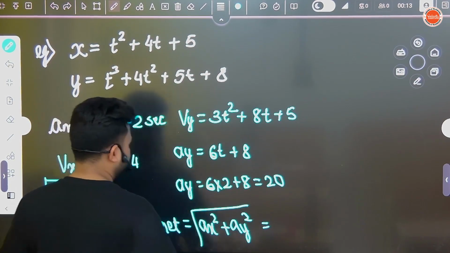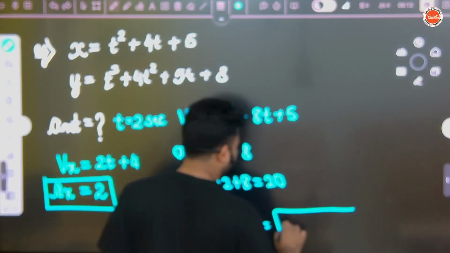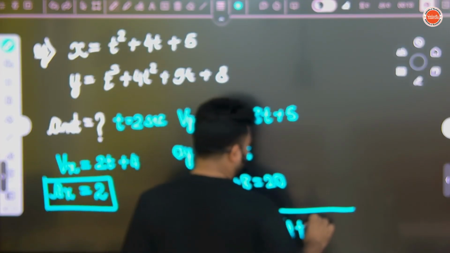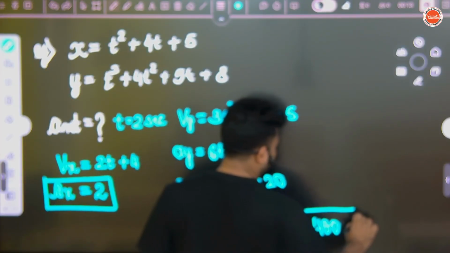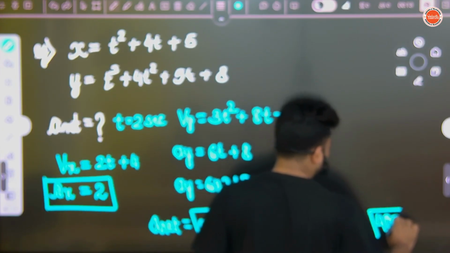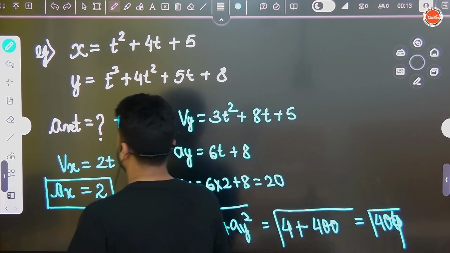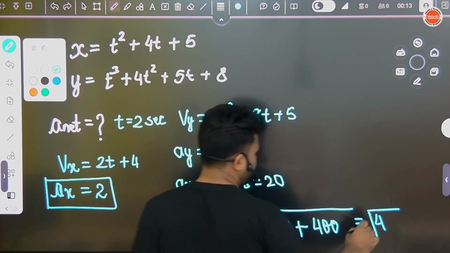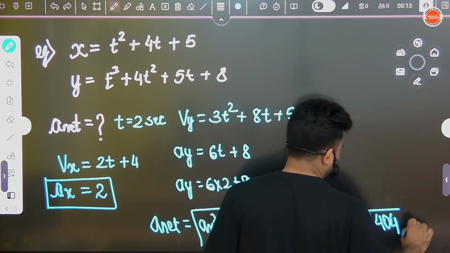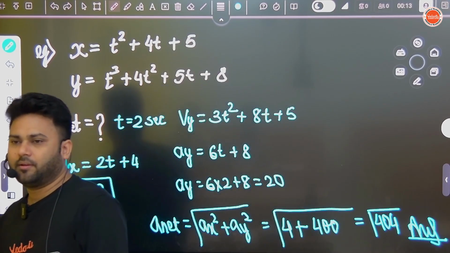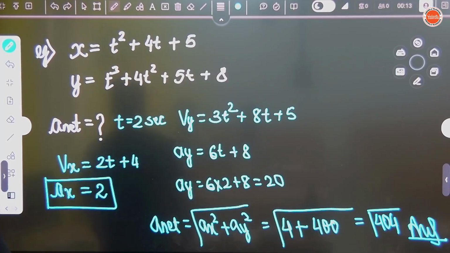So 2 square is 4, plus 20 square, 400. So under root 404. Correct? This clear? This kind of question they ask.